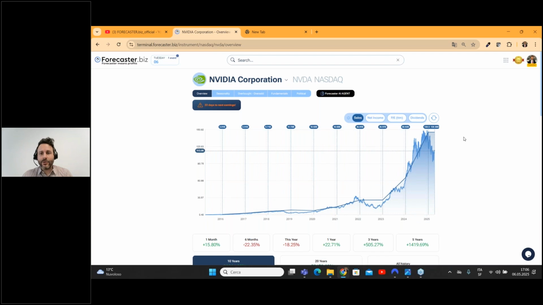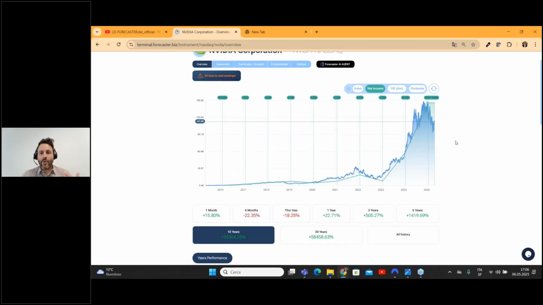This is particularly interesting because the possibility to have sales and net income and all the other information directly on the chart is very important, because as you can see, when you plot the earnings, for example, on the stock chart, you can definitely see that prices tend to rise for the stock when the earnings rise, and prices tend to fall when the earnings fall.